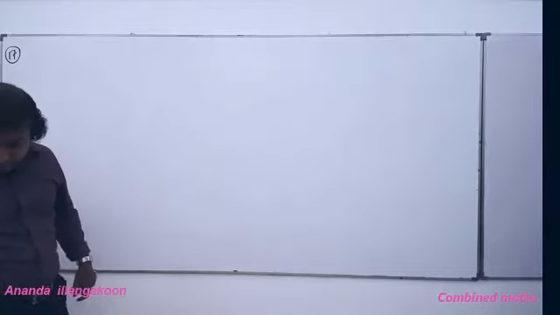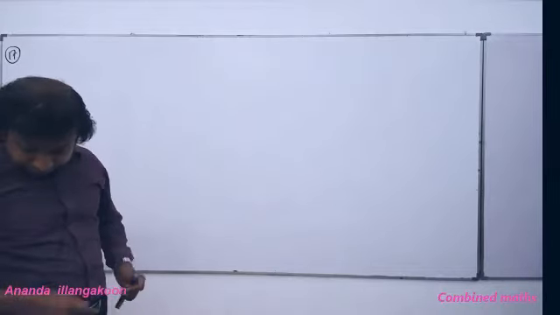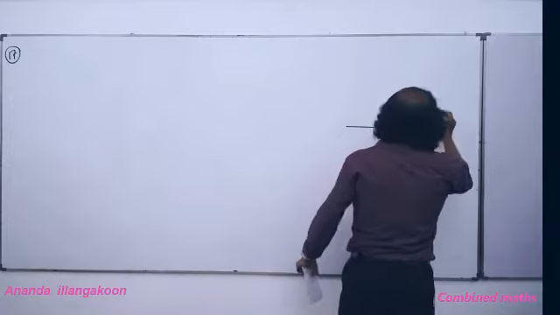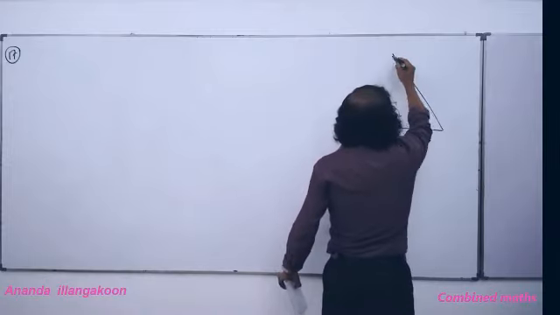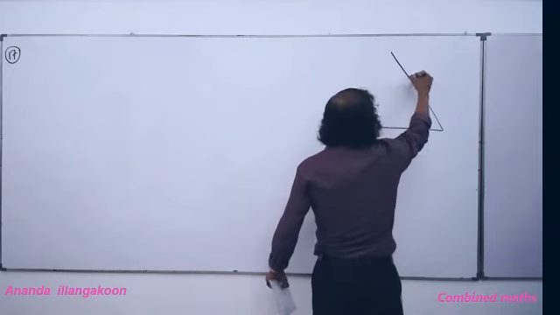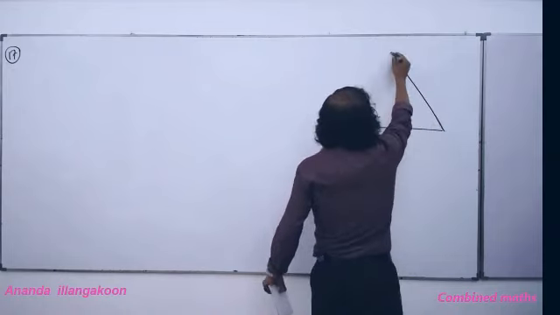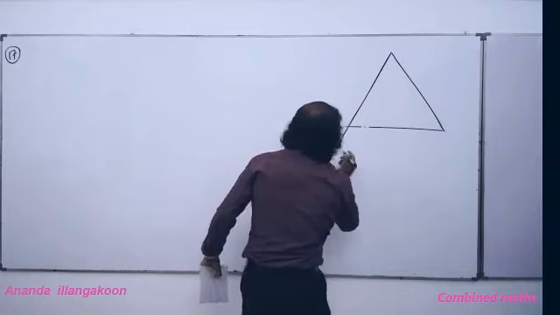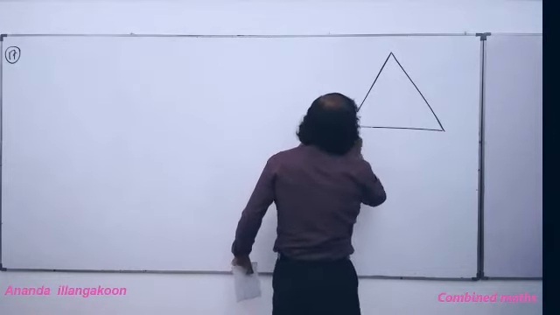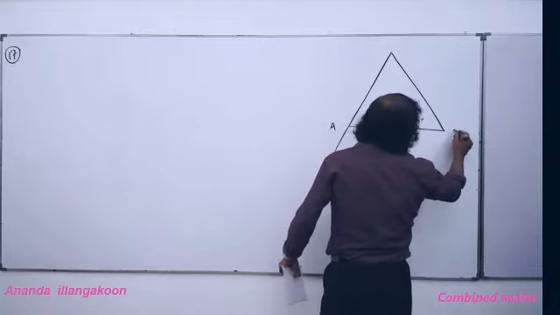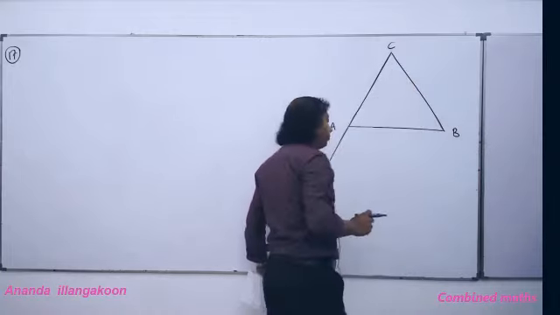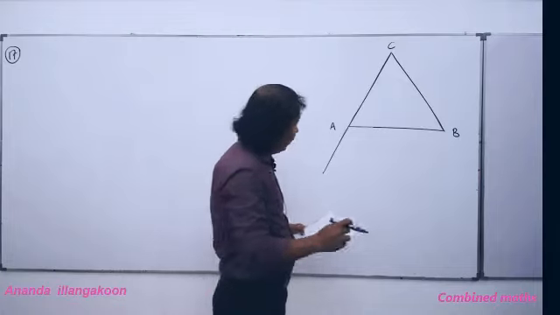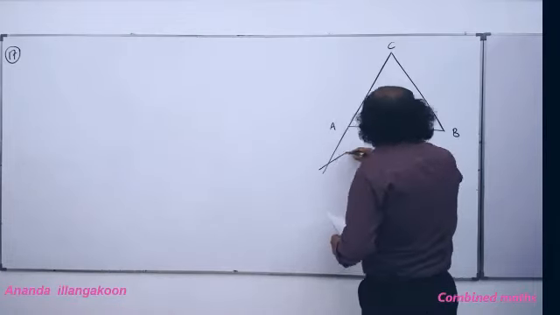ABC a triangle. This is the point A, point B, point C. This is cut by a line. I'll take that line like this.